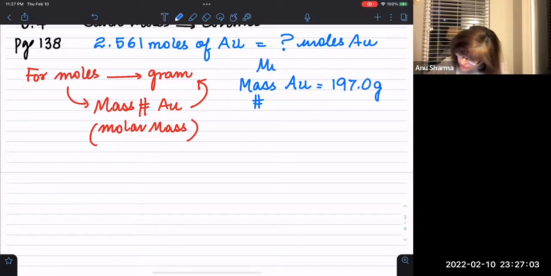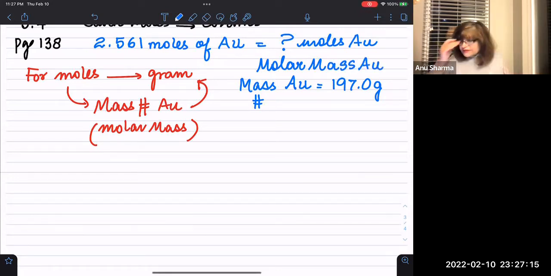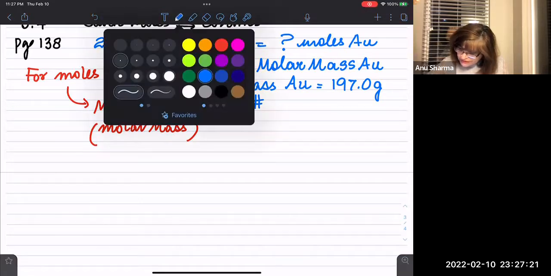So that is also called the molar mass of 1 mole of gold. Molar mass of gold is 197.0.